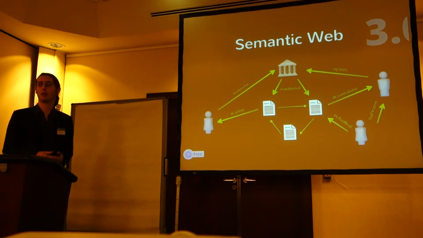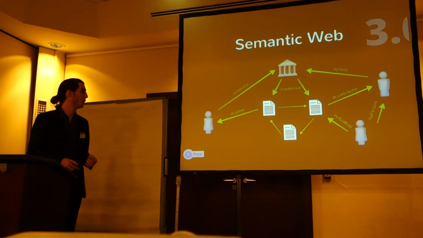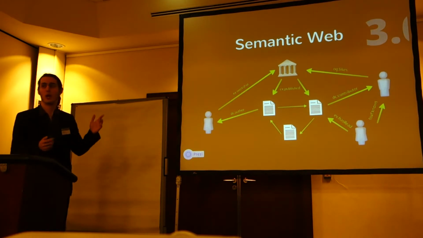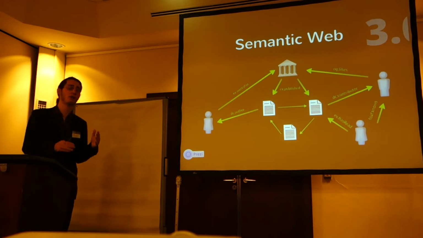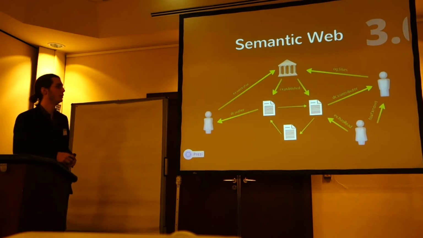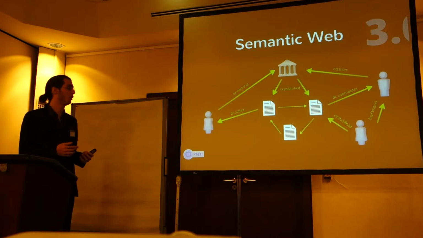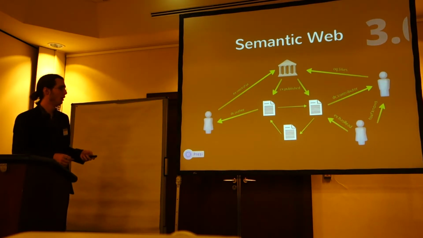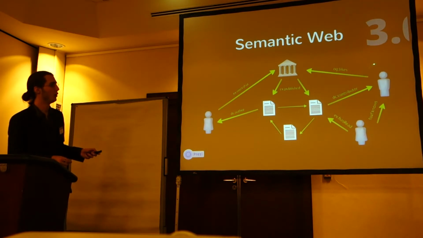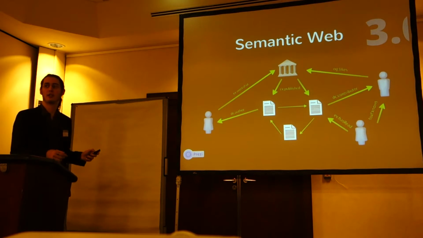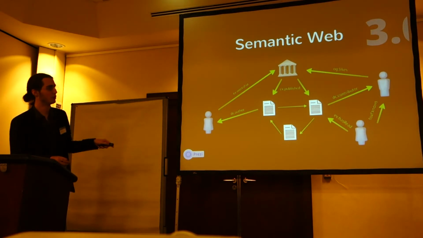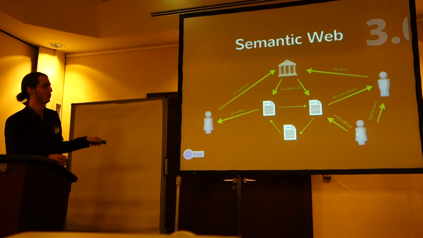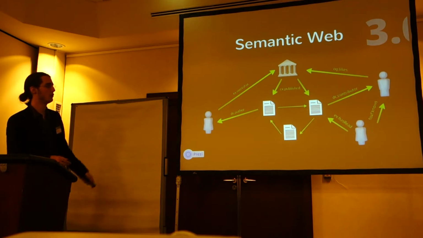So it enables a lot of cool things when you think about it, because now when you have this web, instead of having just a link to browse, like we had in Web 1.0, we can browse things by just following certain properties. So you can imagine, for example, that you want to know all the persons that this person knows, but who also like this organization. So here you just follow this relationship to know who these people are.